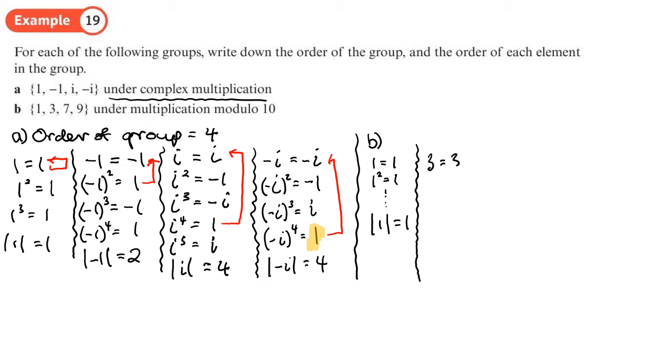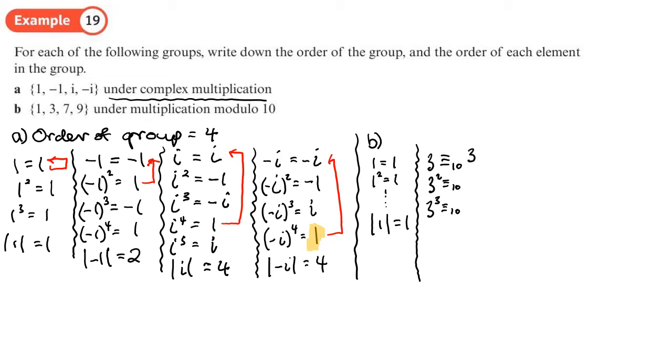So 3 squared, that's 9. Under modulo 10, it's still 9. 3 cubed, that's 27. Under modulo 10, that's 7. Now, I suppose what I should do is put the proper notation with a little 10 down here, which tells me that I'm doing this calculation modulo 10.